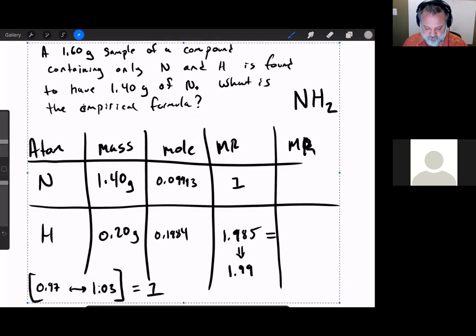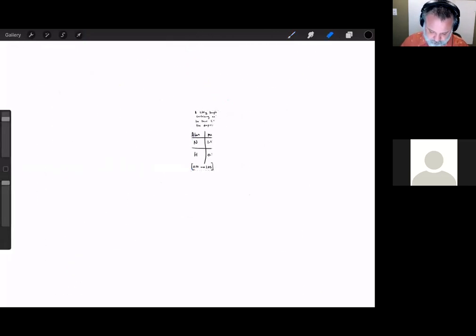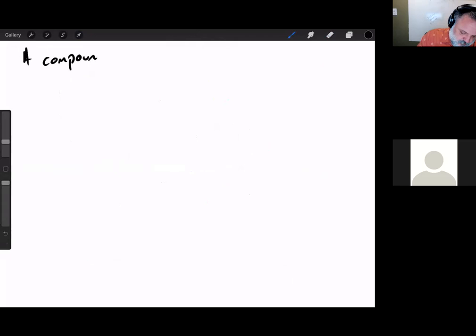All right, one more. Let's do another example. A compound is found to have carbon, hydrogen, and oxygen.